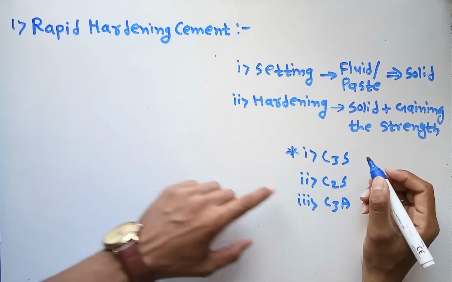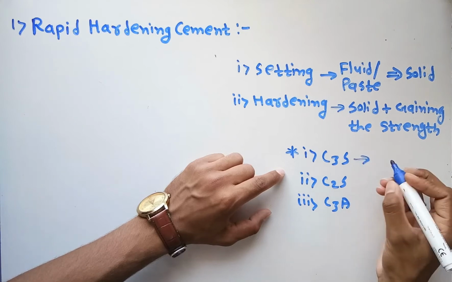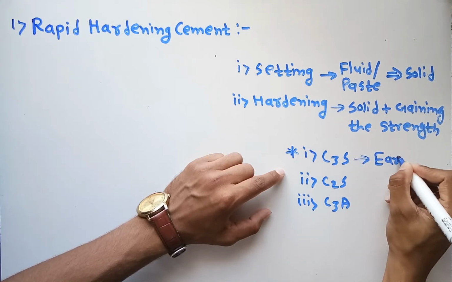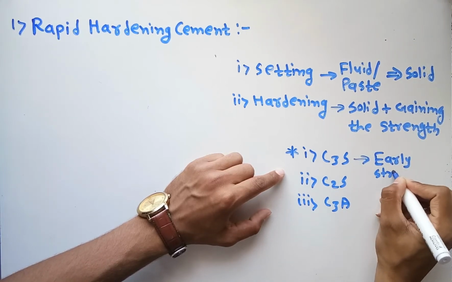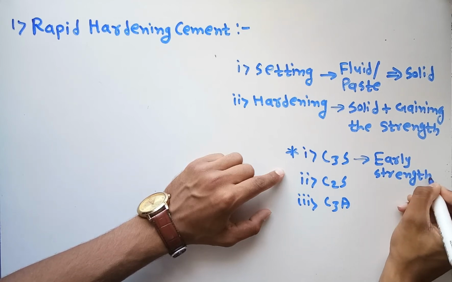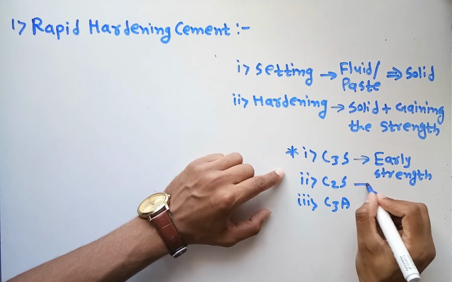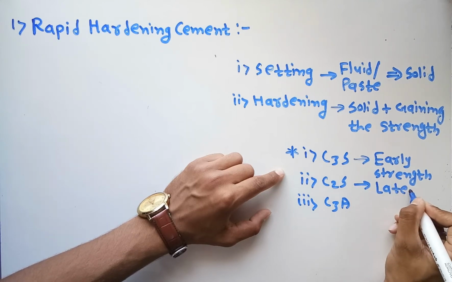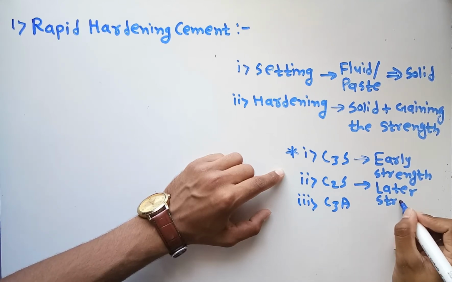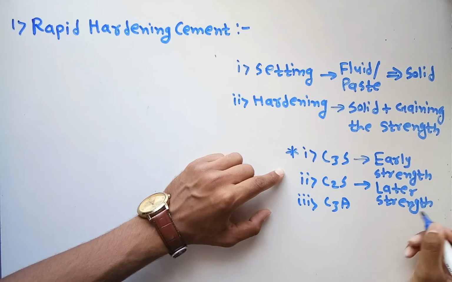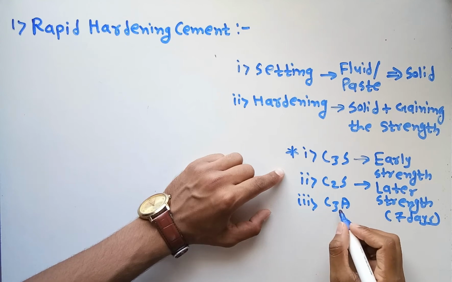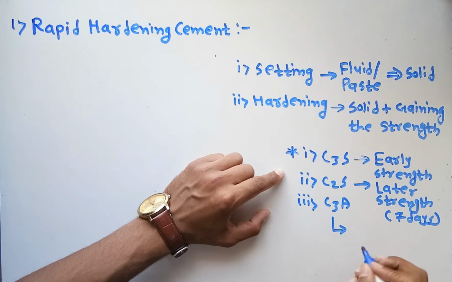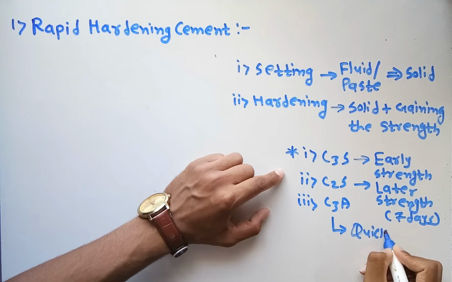Tricalcium silicate gives early strength, then dicalcium silicate is responsible for later strength, which generally occurs after 7 days. And tricalcium aluminate gives instantaneous or quick strength.